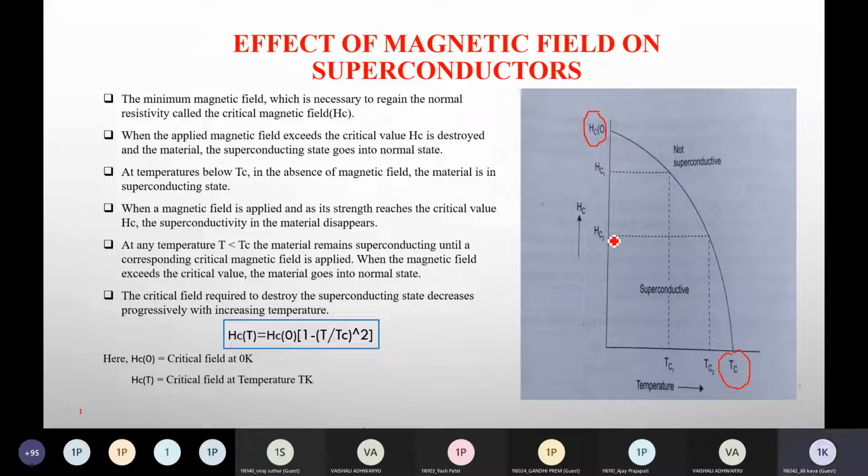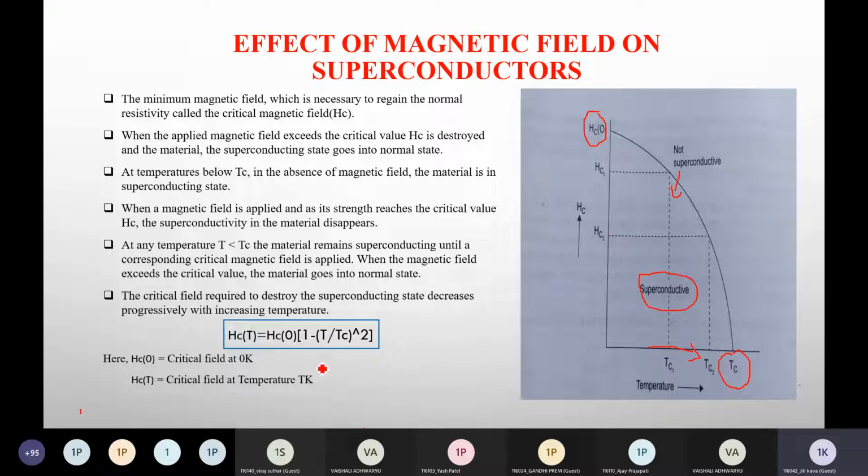When Hc is increased beyond its critical value, the superconductive state is not present and it comes to the normal state. If we increase temperature, there is no effect on the superconducting state and it will remain a superconductor. So on a superconductor only the magnetic field is affecting it, not the temperature.